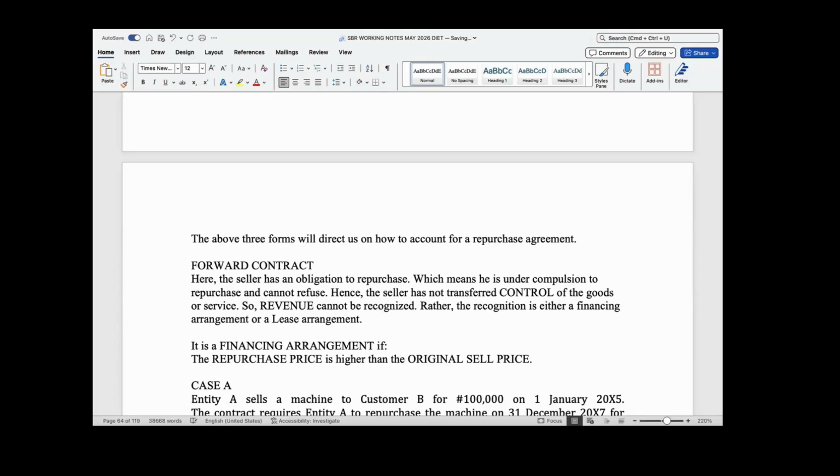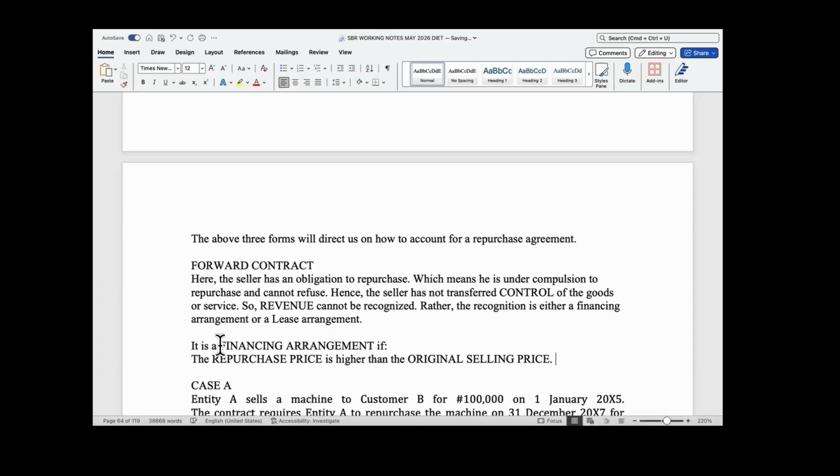If the repurchase price is higher than the original selling price, it is a financing arrangement. As you can see, I am buying it back for much more than I sold to you. And that is why we are saying it is a financing arrangement.